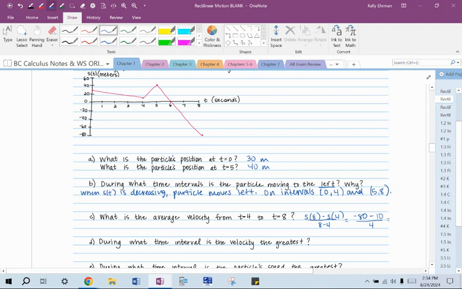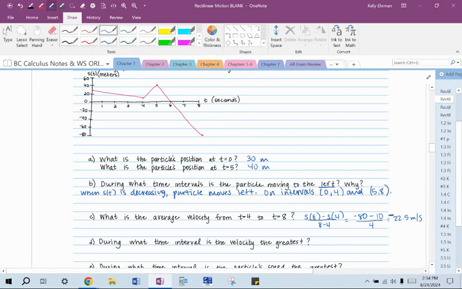So 90 divided by 4 is negative 22.5. Or you could say negative 45 over 2. That's fine. Meters per second. Make sure you have the negative on there.